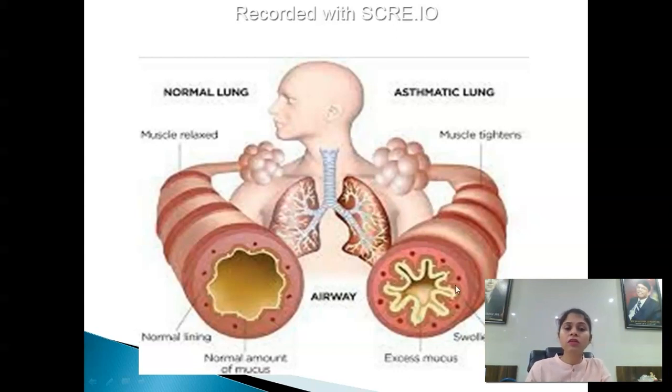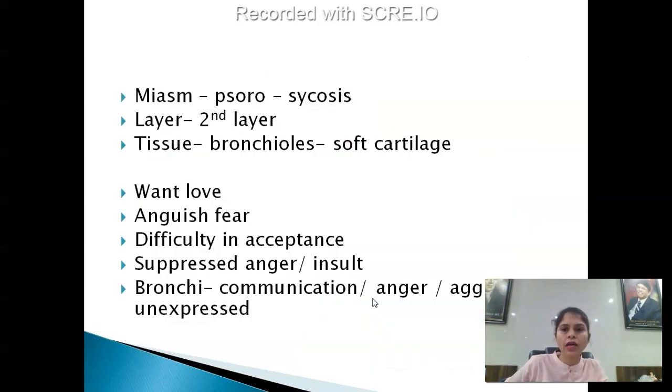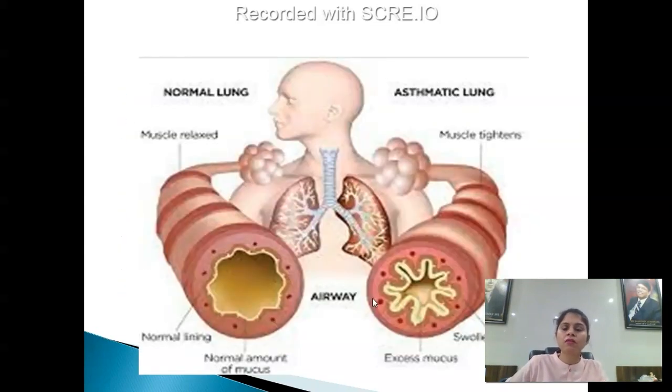The swelling takes place, and the whole bronchial muscles go into spasm, leading to asthma or bronchospasm in the tree. Symptoms of asthma, we all know, will lead to spasms and the wheezing sound.